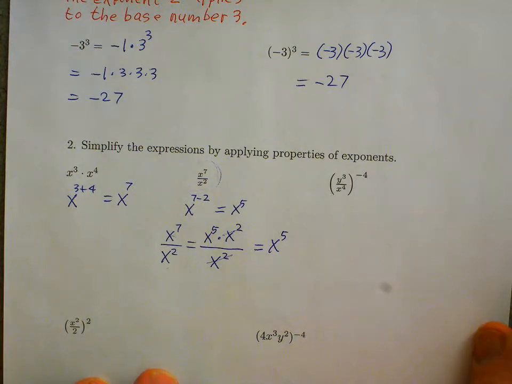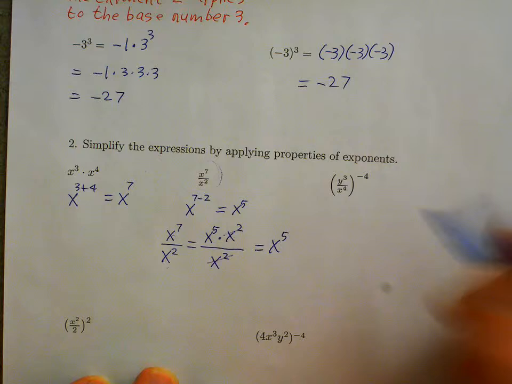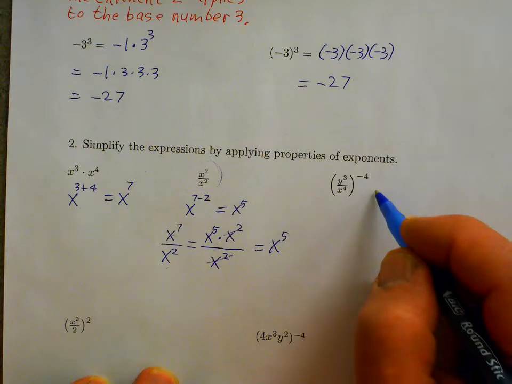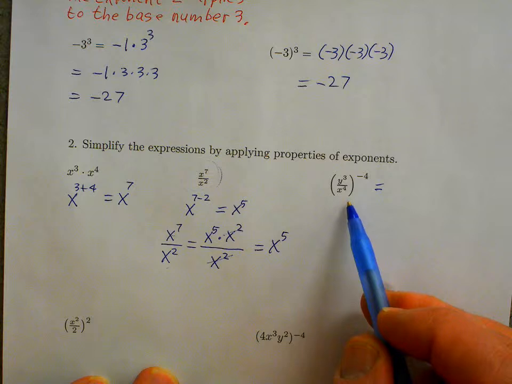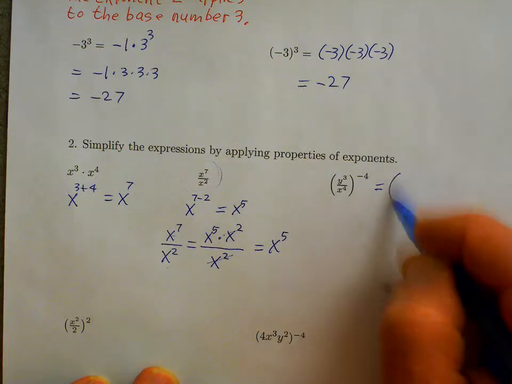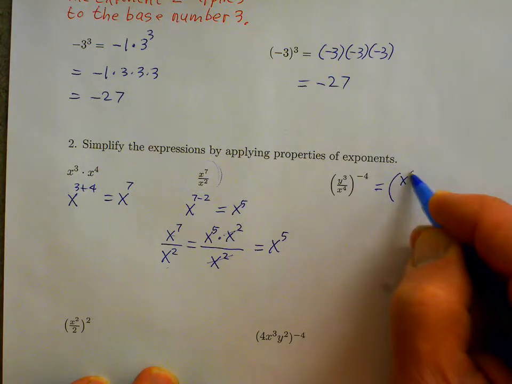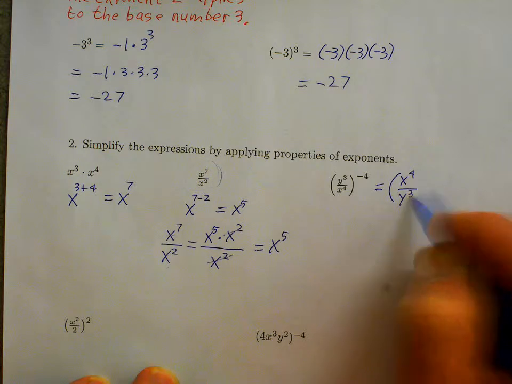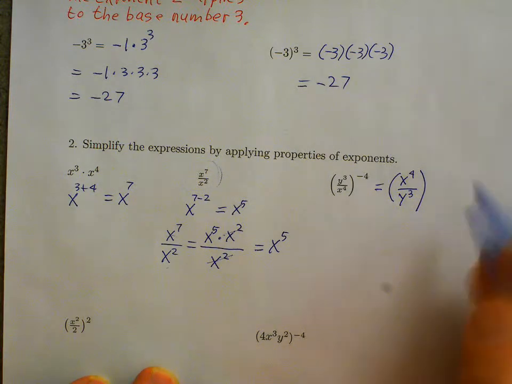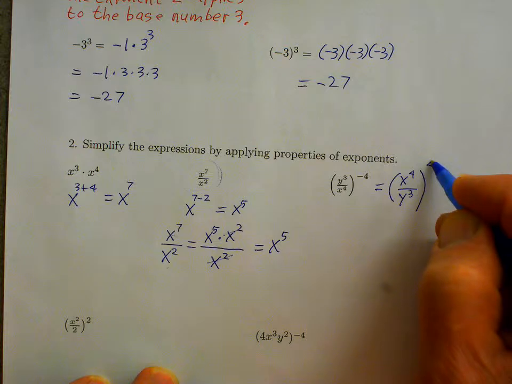So we don't want negative exponents. So we'll write down the reciprocal of y to the 3rd over x to the 4th. So it's x to the 4th over y to the 3rd. And then we change the exponent to +4.